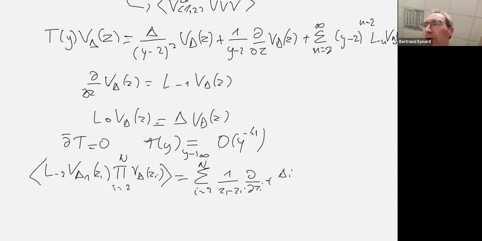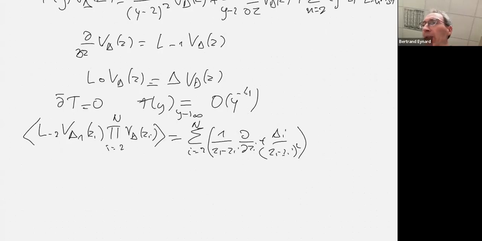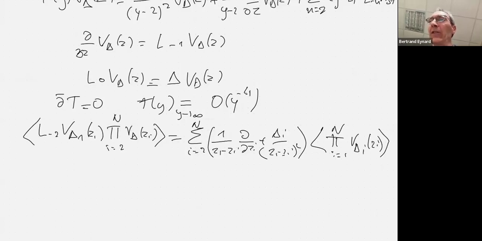So this is a big differential operator now, which acts on a product i equals 1 to n of V delta i of zi. So the meaning of this equation is that if you know this n-point function of primary fields, which is on the right-hand side, then you can deduce n-point function of descendant fields on the left-hand side.